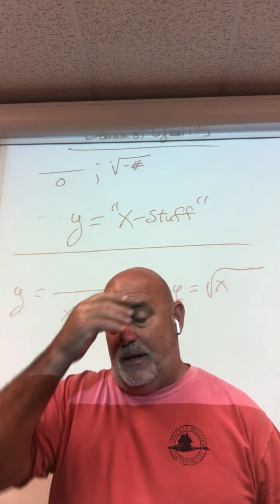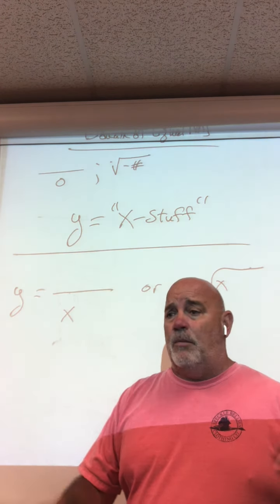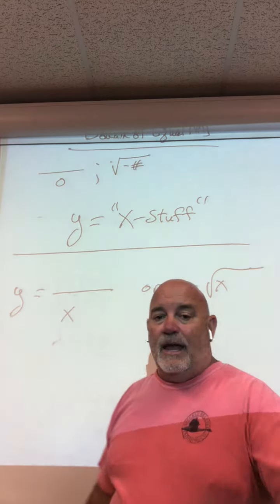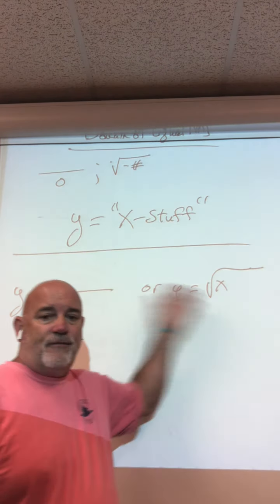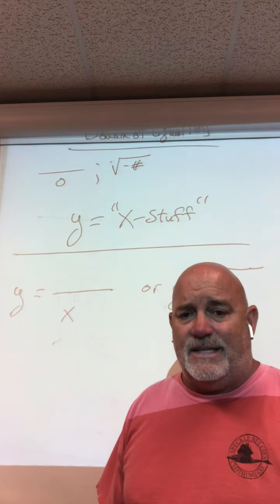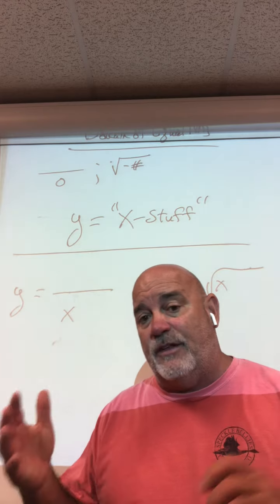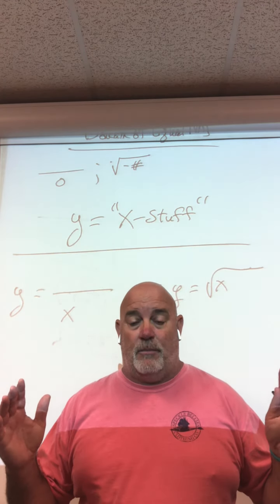It'll be limited. Now, you say, well, Mr. Rayner, what if I have a problem where I solve it for y and x is not in the denominator or x is not under a square root? What if neither one of these things happen? Then the domain's not limited. What does that mean if the domain is not limited? It means that the domain then is all real numbers.